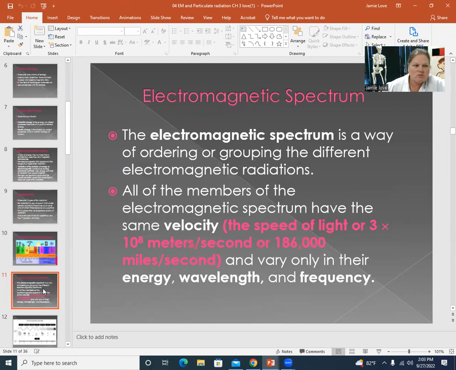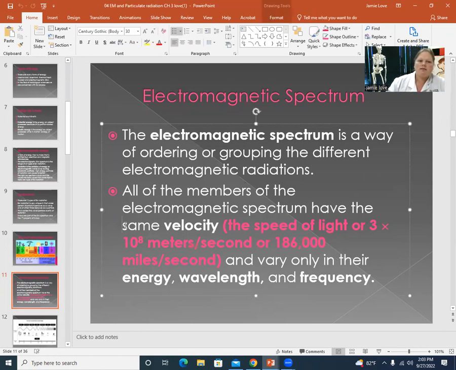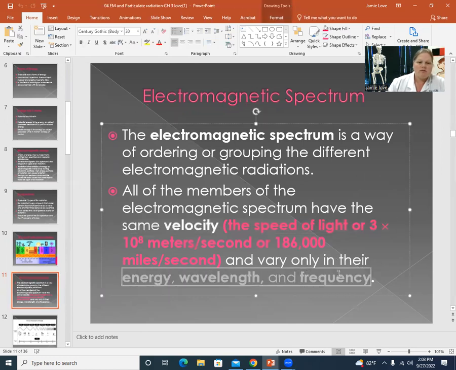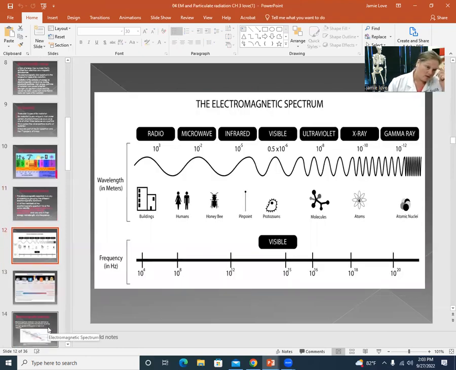I had a couple of different pictures. I'm just going to get to the best one for the EM spectrum in order. Know that everything on the EM spectrum has the same velocity, the speed of light. The things that are different are energy, wavelength, and frequency. So here's another little diagram starting at radio waves, going all the way to X-ray and gamma rays.